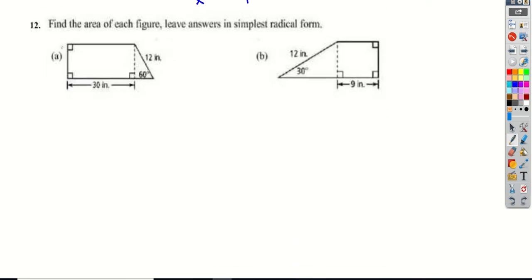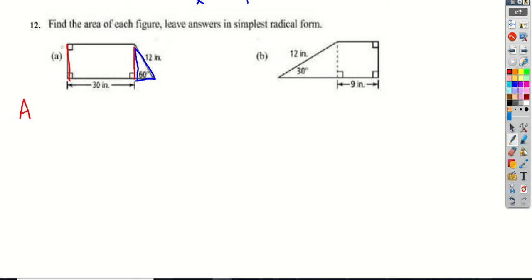Okay, find the area of each figure. Now, we can really think of this figure as a triangle, okay, and a rectangle. So what we really need to do is figure out what the length of this side is right here, because I need it for the height of the triangle and also the height or length or width, whatever you want to call it, for the rectangle.